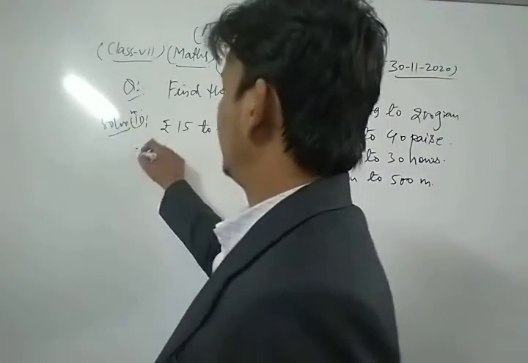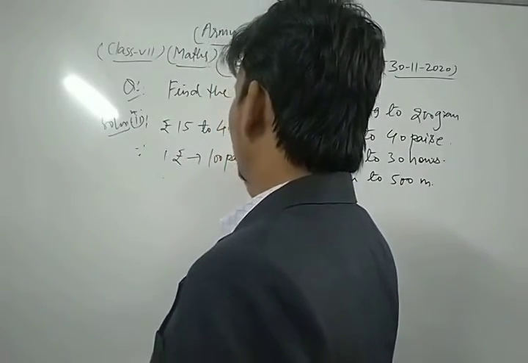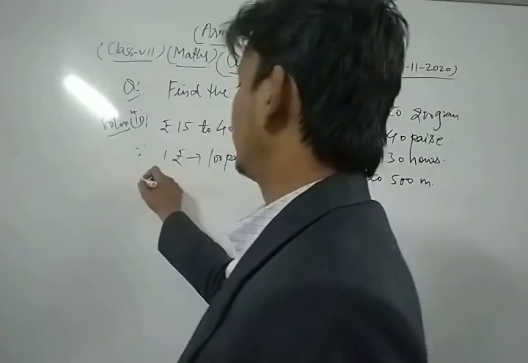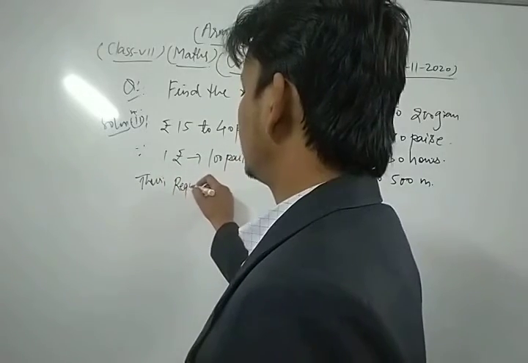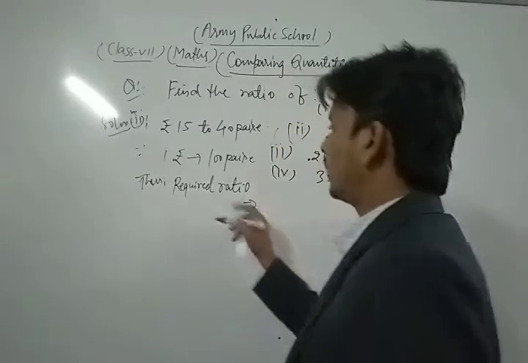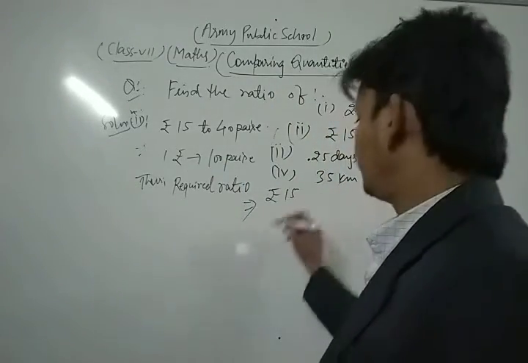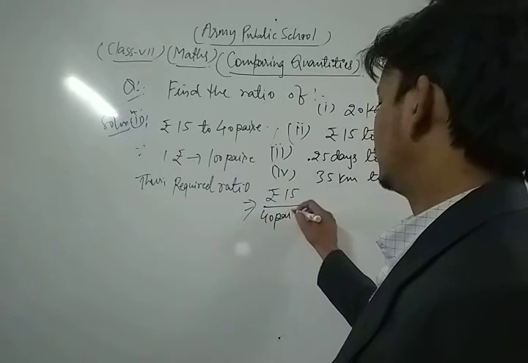We know that in 1 rupee there are 100 paise, so we can convert 15 rupees into paise. Thus the required ratio is rupees 15 upon 40 paise.